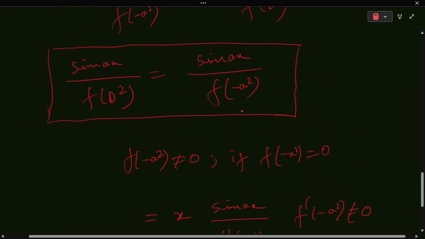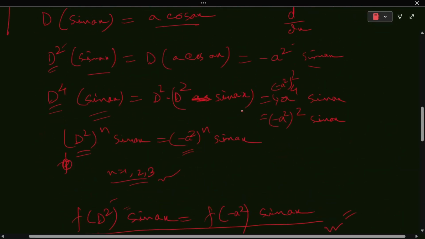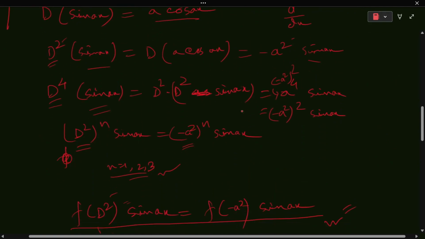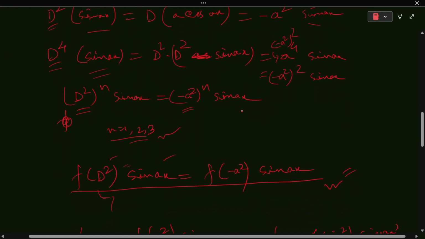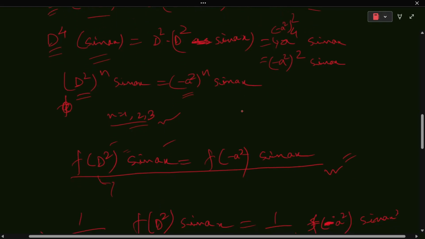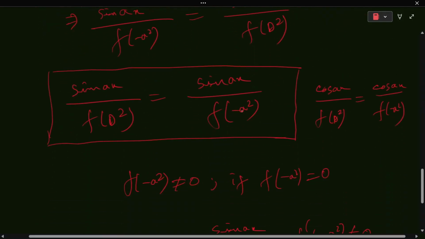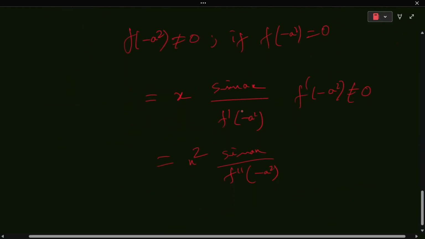If we have cos(ax) by f of D squared, then the solution of the differential equation will be cos(ax) by f of minus a squared. Why? Because here we tried to find the solution of the differential equation, and if we put cos(ax) here, I request you to do the same on your own. We will have the same expression, and the same thing occurs: if it is 0, then we differentiate and put x and x squared.